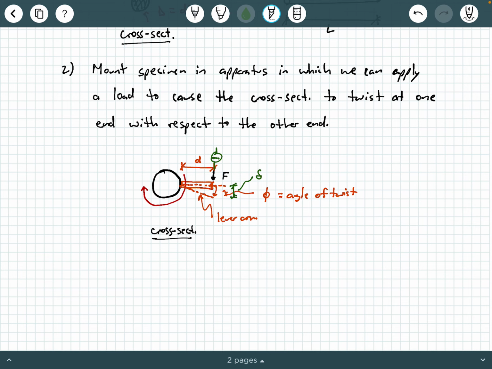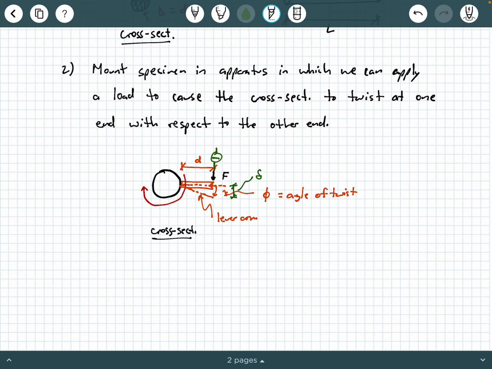At the university I work at, Christian Brothers University in Memphis, Tennessee, we typically mount up a dial gauge right here at the end of this lever arm, and we directly measure this vertical displacement, little delta. Then we use small angle theory on this little right triangle because it's a very small rotation, and we're able to get the angle of twist by a calculation.